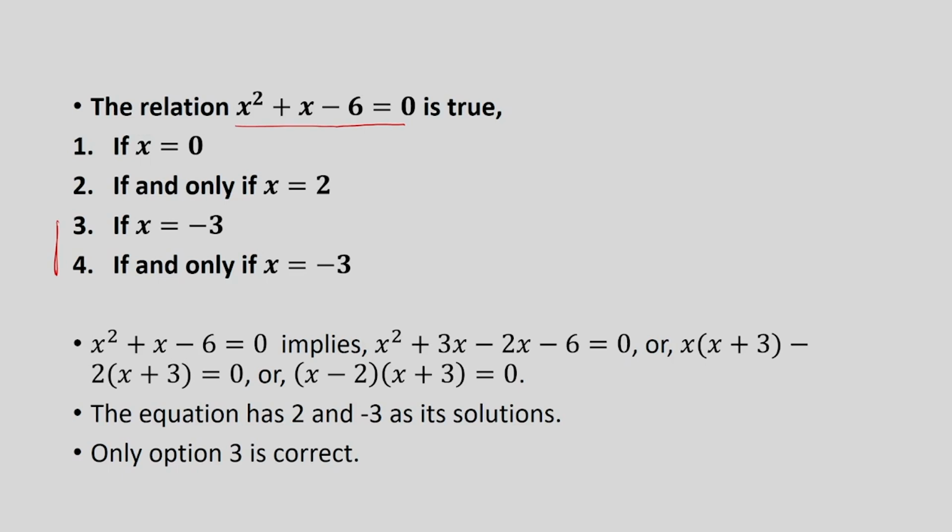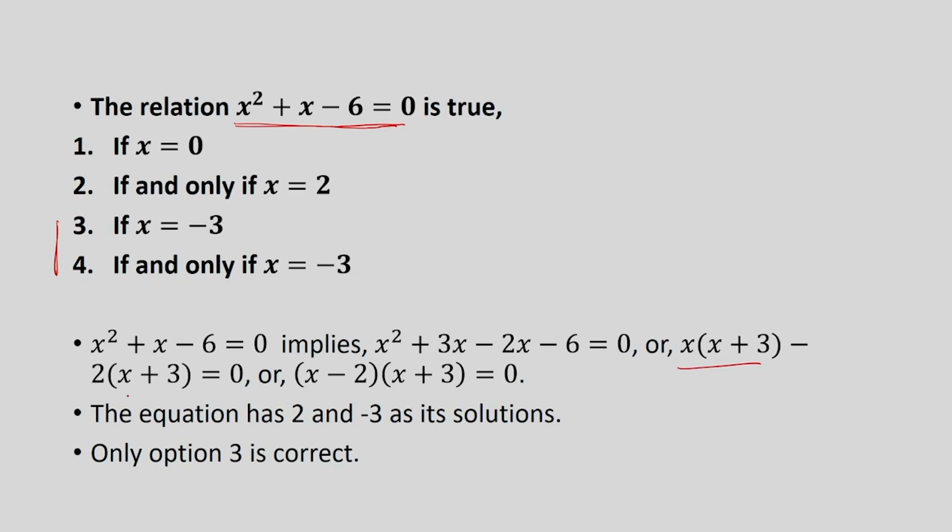Now, how to again tackle this? We start with this relation x square plus x minus 6 is equal to 0, and we factorize. So, it becomes x square plus 3x minus 2x minus 6, take x common, x plus 3 minus, take 2 common.